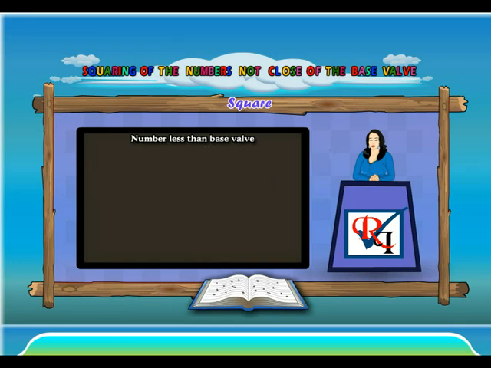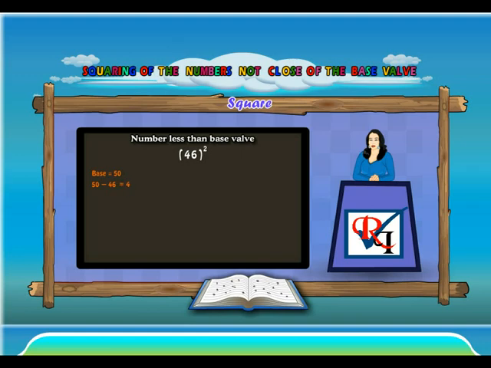Let's take one more example of a number less than the base value. 46. We have to find the square of 46, so we take 50 as its base, as 50 is closer than 40. Then subtract 46 from 50. What do we get? 50 minus 46 is equal to 4.